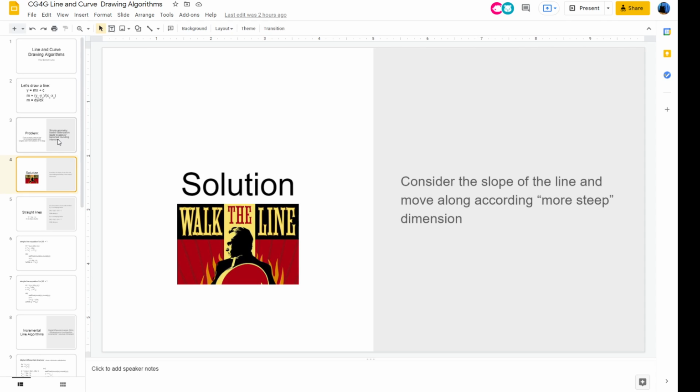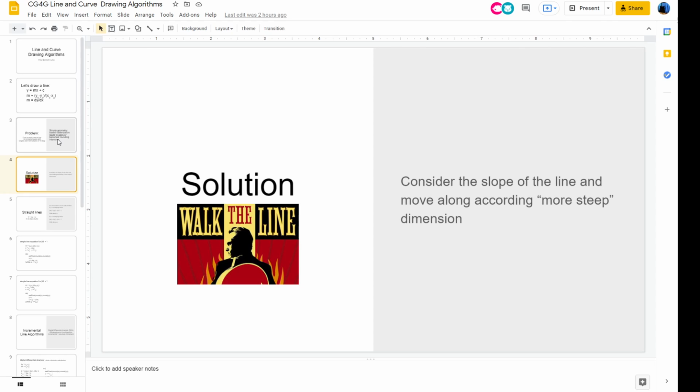Or if the line was pitched low enough that when we moved from x is 1 to x is 2 it would be near enough, we wouldn't wind up with a gap either. So we could start at x1, move to x2, x is 3, x is 4, and so on, and calculate y, and it'll work out if it's not too steep. So we have that steep problem.